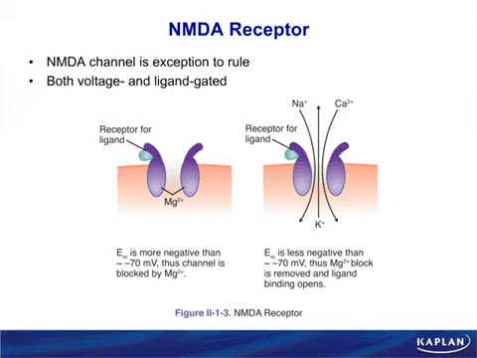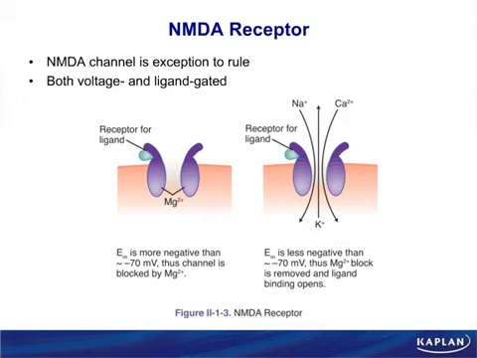There's always somebody. All right, let's look to the left and we'll talk about why it is voltage gated. When the membrane potential is more negative than about minus 70 millivolts, magnesium comes in and blocks the channel. So let's say that we have a membrane potential of minus 90.